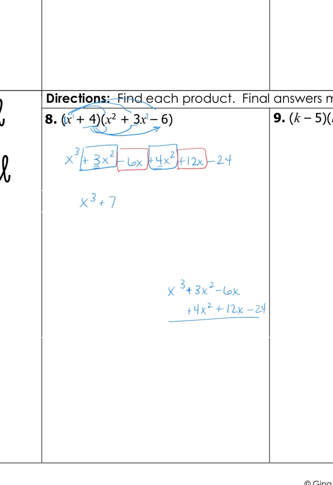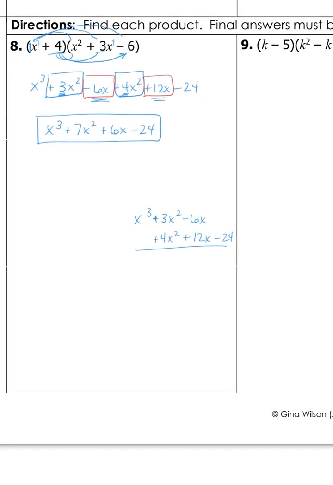And I'm going to get 7x squared. So when you're multiplying, you can change the exponent. When you're adding, you only change the coefficient. Okay? So negative 6x plus 12x is going to give me positive 6x. So I did these two. And then minus 24.